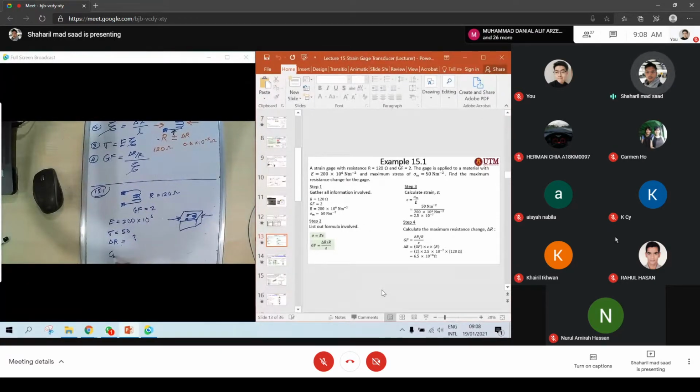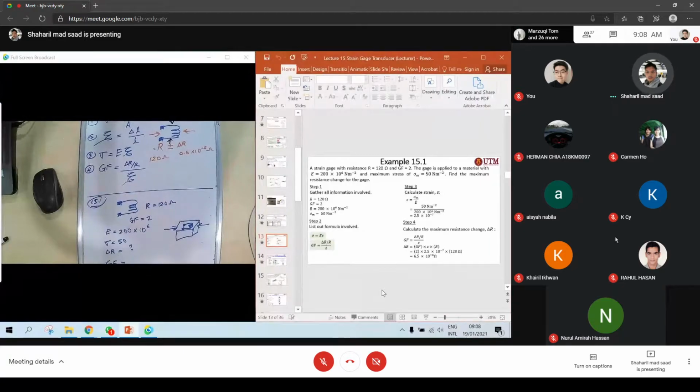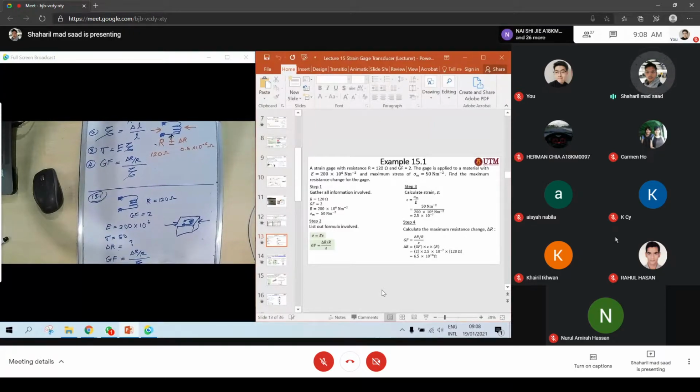So the formula that we have right now, GF, you can use this one, and you can use formula 3 and 4 there. So GF equals delta R over R divided by strain, where the strain relationship is given by the modulus Young and strain.